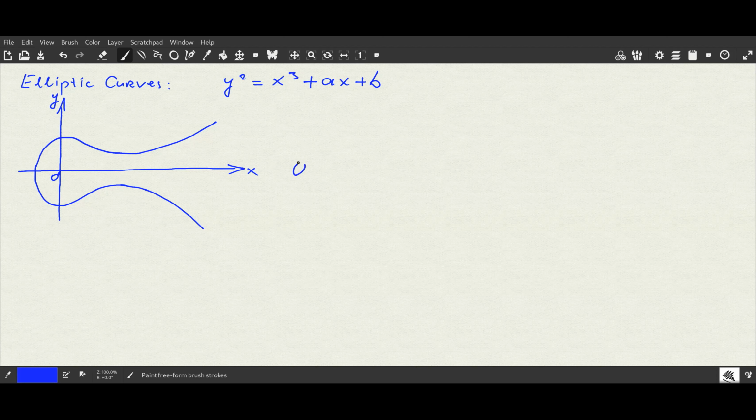And the point which we denote by O is at infinity. And you can think that the curve is a closed one coming through the infinity. Okay. So then we introduced, if you remember, the notion of addition of points over the curve.